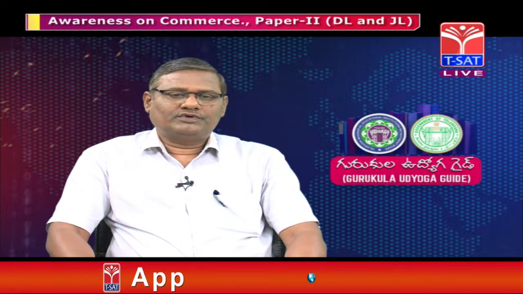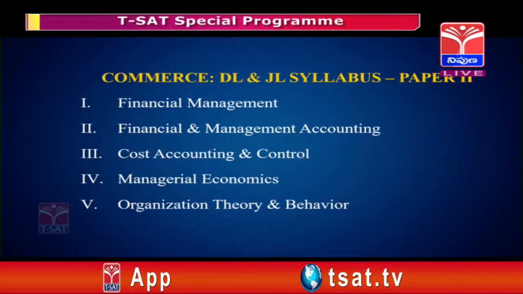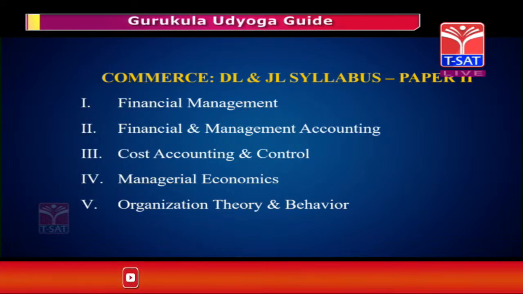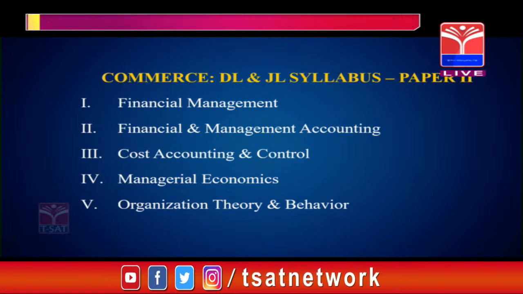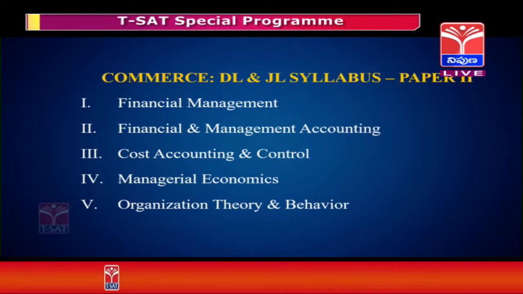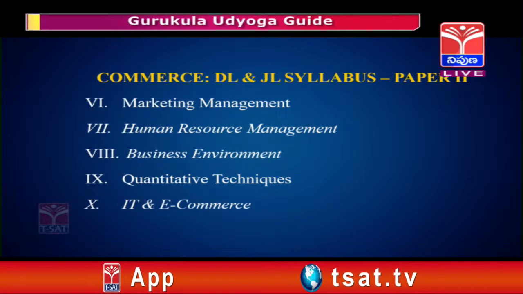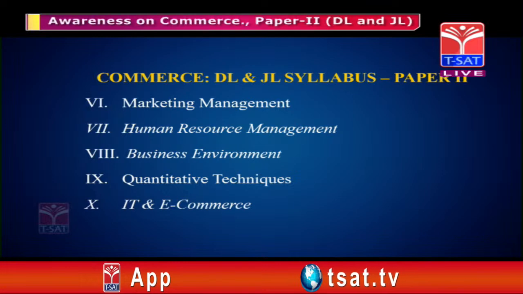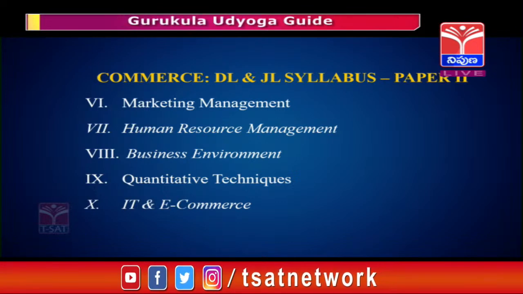Now, we move on to the second unit, financial and management accounting, and the third unit, cost accounting and control, fourth unit managerial economics, fifth unit organization theory and behavior, sixth unit marketing management, seventh unit human resource management, eighth one is business environment, ninth quantitative techniques, and the 10th one is IT and e-commerce.